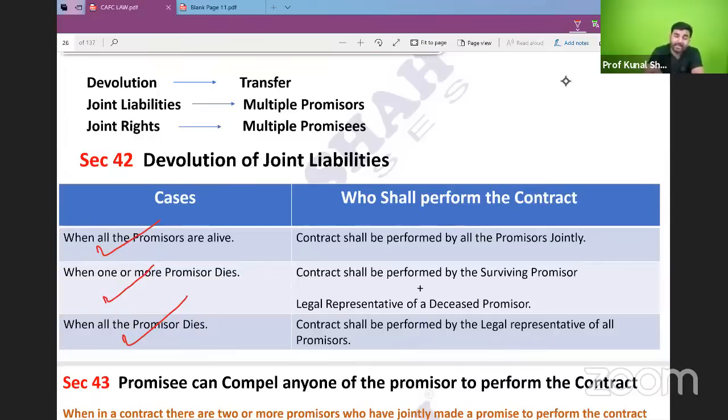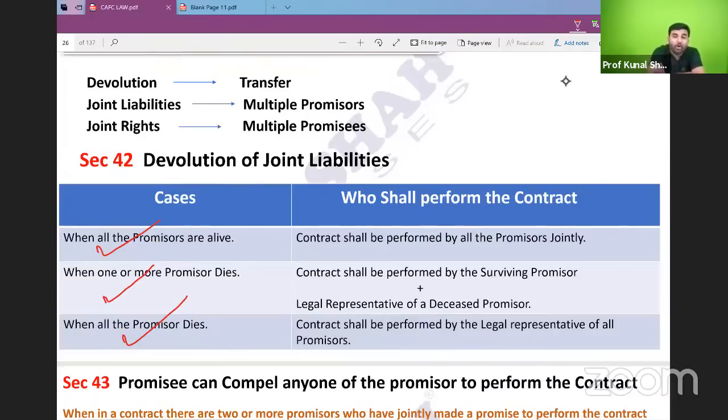Last, law says if all the promisors have died after the contract got formed, we all four professors died. You all have secured good marks in your CA foundation exams, which means you have cleared your exams. So you have a right to demand 10 lakh rupees from us. Now, we all professors have already died.